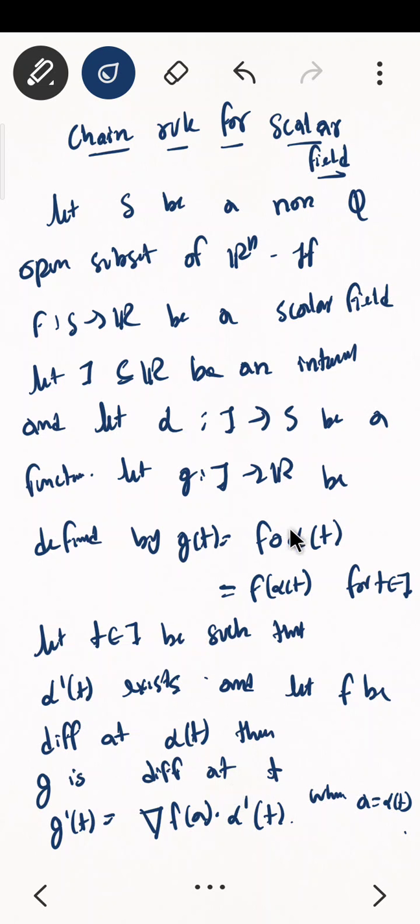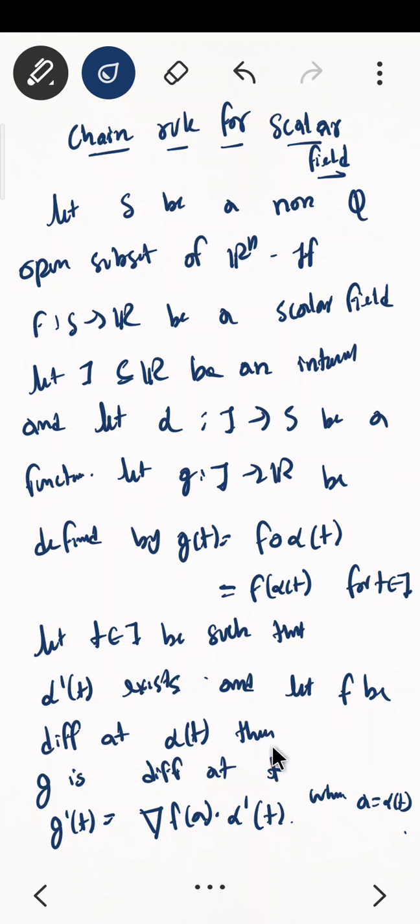Since here your f is the function taking from n variables and going to R, so it will be delta f of a dot alpha dash of t. If you remember, most of the time we use this, we will be using it in solving line integrals, even in complex analysis also we will be using this chain rule criteria.